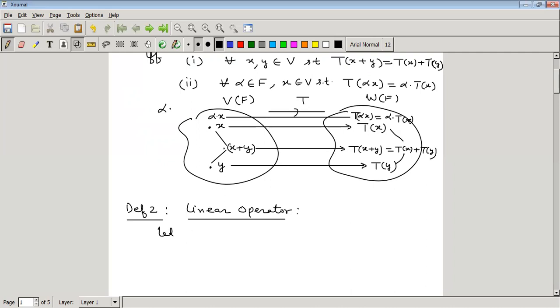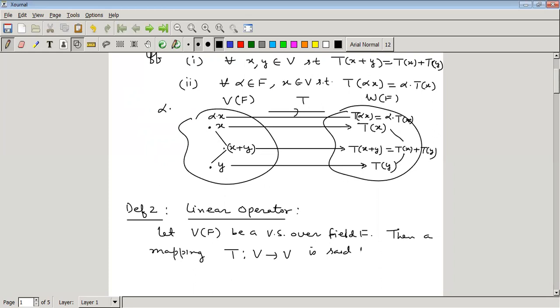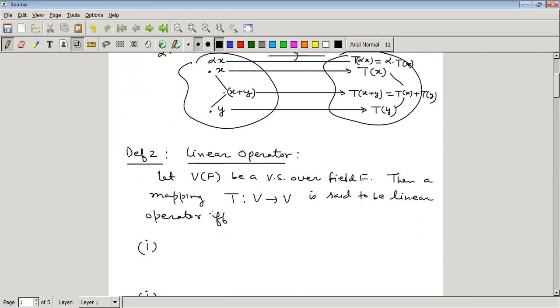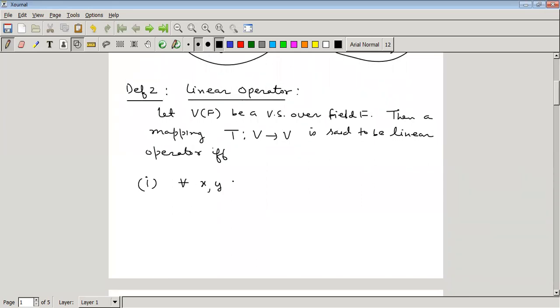Let V be a vector space over the field F. Then a mapping T from V to V is said to be a linear operator if and only if it satisfies the same conditions, that is, for any x, y in V, T of x plus y is equal to T of x plus T of y.